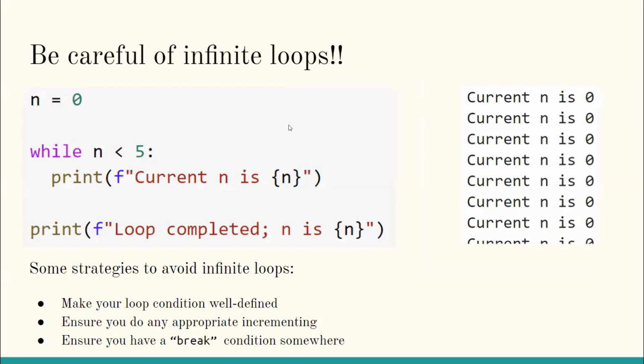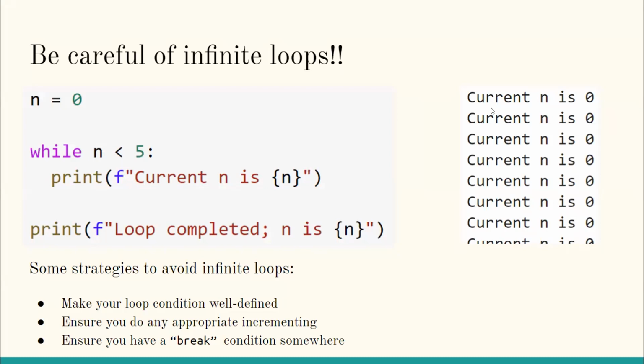This is some code, and on the right, this is the output of the code. As you can see, this is an infinite loop where current n is 0 is printed every iteration, and it seems like the program will not stop until you force it to terminate.